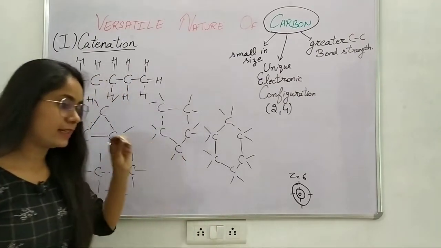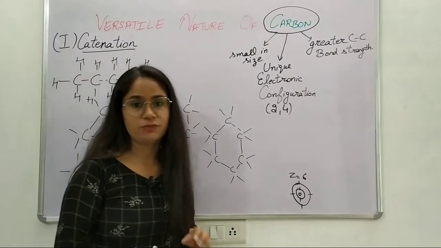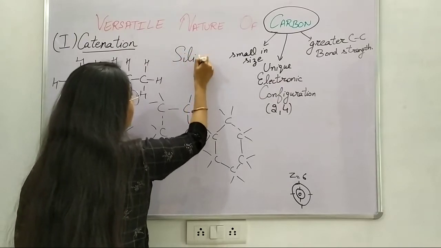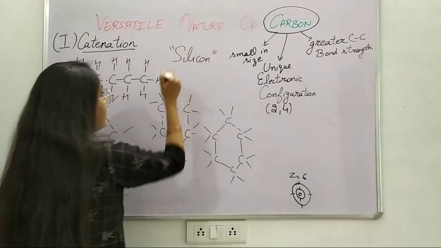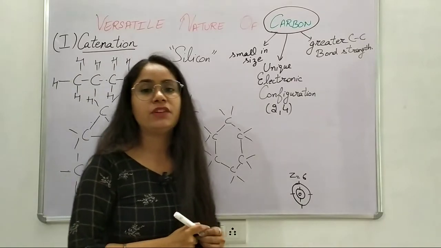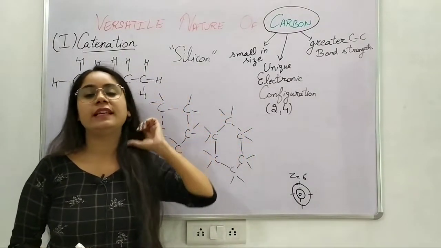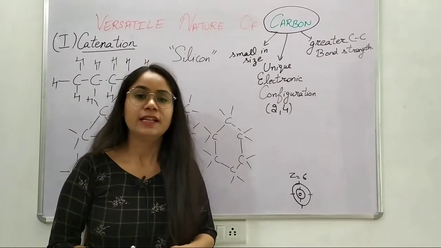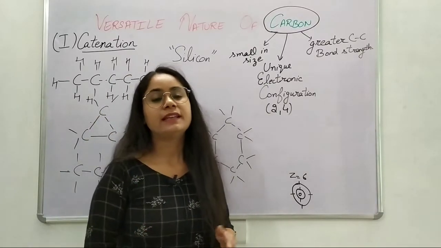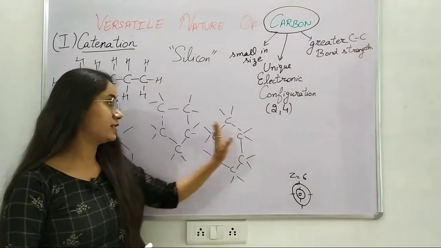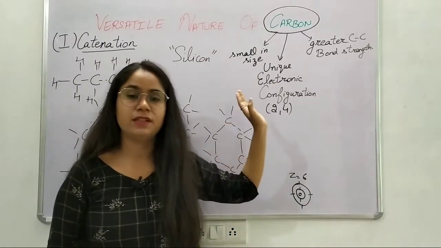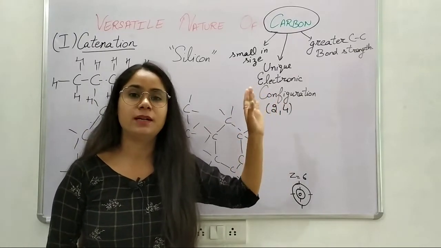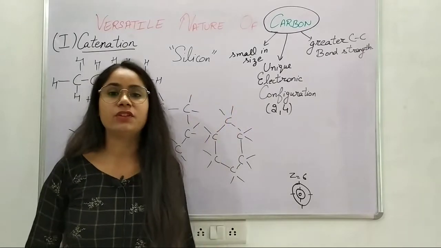Okay, now there is another atom that possesses this kind of behavior, and that atom is silicon. You all would have heard about it. Now why does silicon also show the behavior of catenation? Because silicon also has the valency of 4. Okay, it can also make 4 bonds with other atoms, but in case of self-linking, carbon can go up to hundreds of other carbon atoms, while silicon only goes up to 7 or 8.